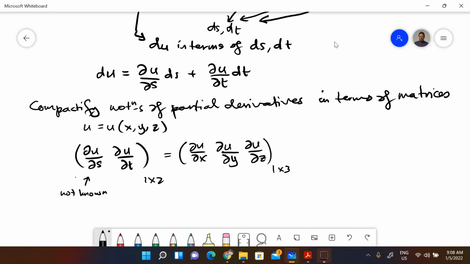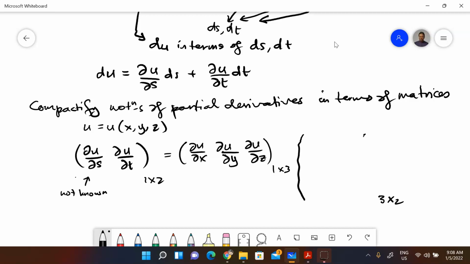And how to express this 1 by 2 partial derivative matrix is to multiply it with, you probably can guess it has to be compatible, a matrix that is 1 by 2 should be obtained from 1 by 3 times a matrix 3 by 2.